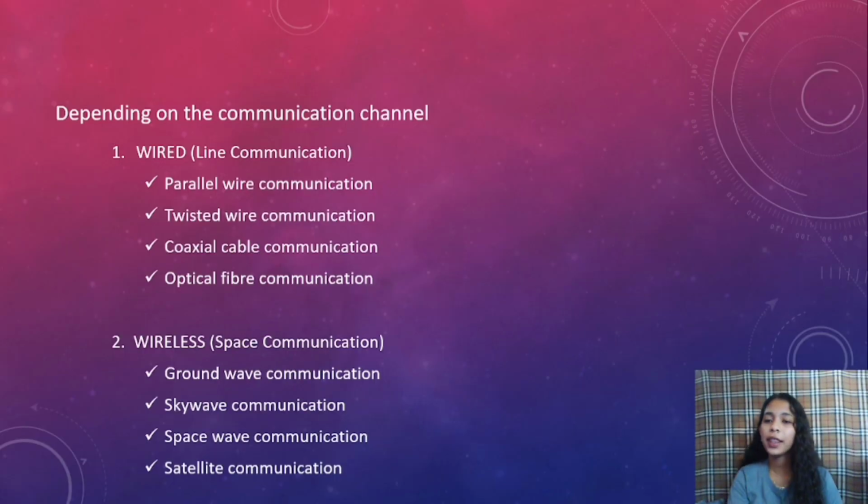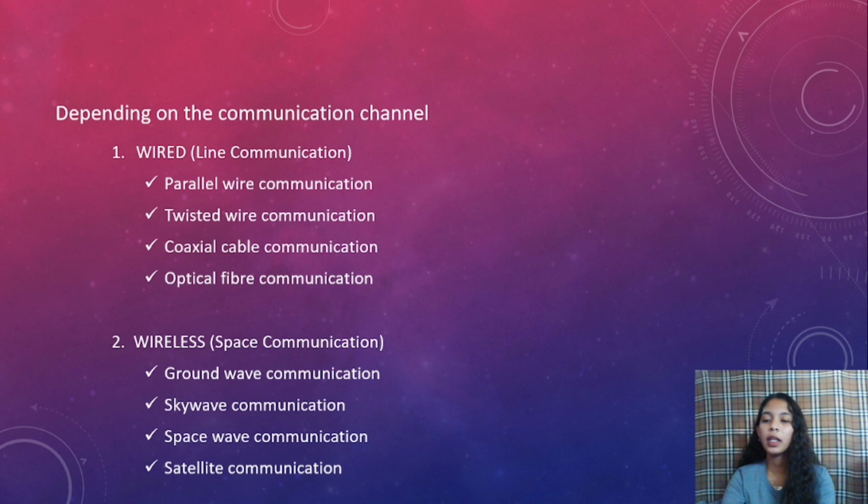Here is the other type of communication system, but this type of communication system depends on the communication channel. There are two types, the wired and wireless. First, wired. It includes parallel wire communication, twisted wire communication, coaxial cable communication, and optical fiber communication.